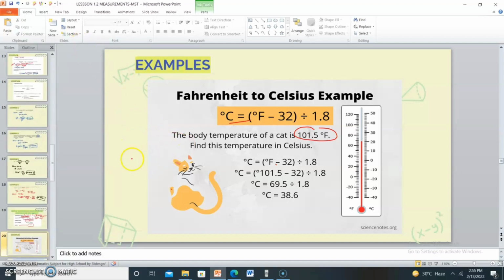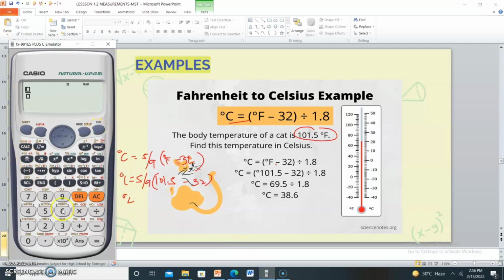How about the basic formula? Let's use it to see if it's the same. In the basic formula, Celsius equals 5 over 9 times degrees Fahrenheit minus 32. So 5 over 9 times 101.5 minus 32. Let's calculate.